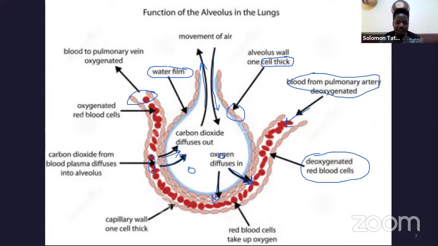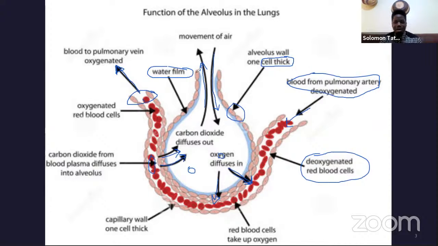So by the time that blood gets here, it is oxygenated blood, with a high content of oxygen and very low carbon dioxide. It is headed to the heart to be pumped out to the rest of the body where oxygen is required. That's how the alveoli works.